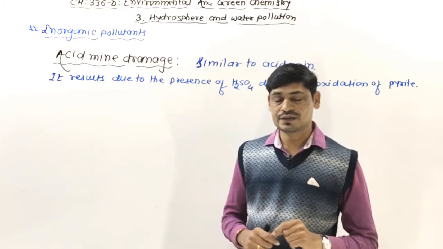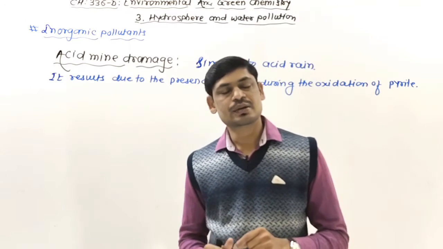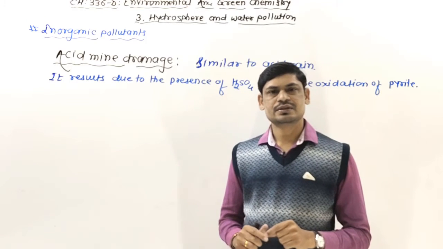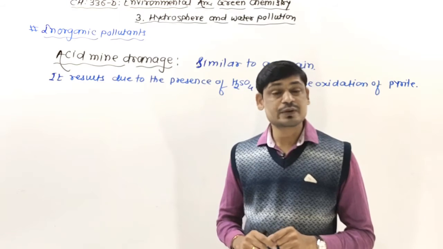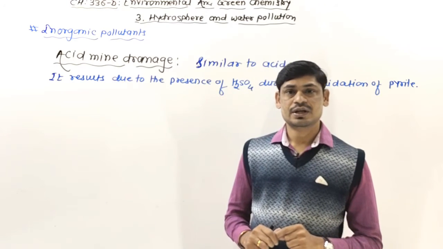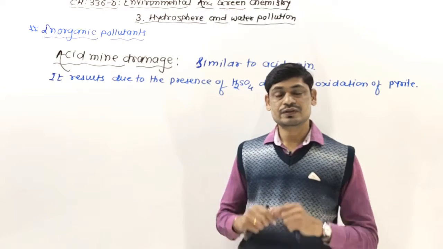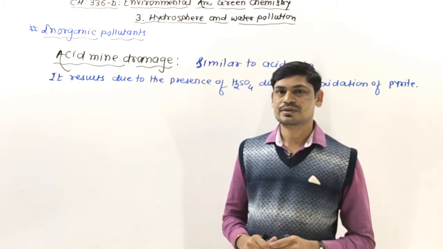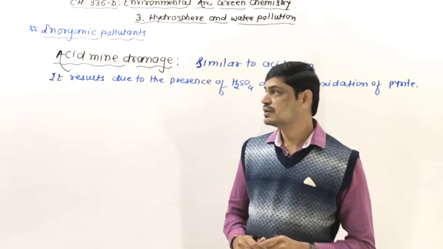In our common drain or stream of drains, sulfuric acid is present, and iron pyrite is also present. The bacterial action causes the oxidation of iron pyrite, and if sulfuric acid is present there, it causes the formation of one important component which will make a deposit at the bottom of the streams. This phenomenon is known as acid mine drainage.